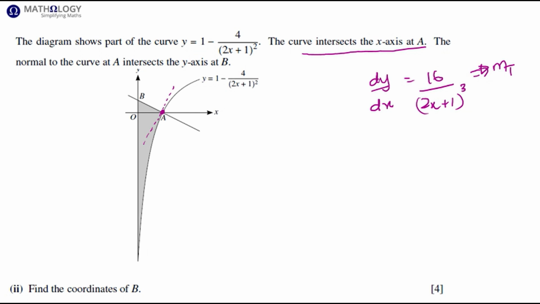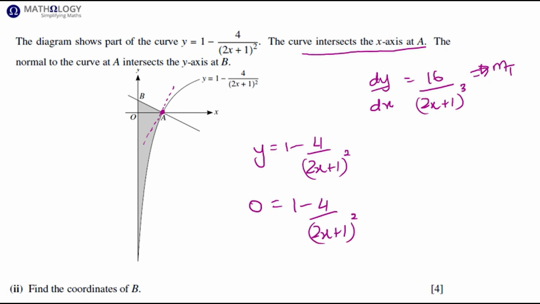So we're going to take the curve y equals 1 minus 4 over (2x plus 1) all squared. y is going to be 0, right? Because A is an x-intercept. We're looking for the coordinates of A now. So y equals 0, and we're just going to solve now for x. So 0 equals (2x plus 1) all squared minus 4. (2x plus 1) all squared equals 4.